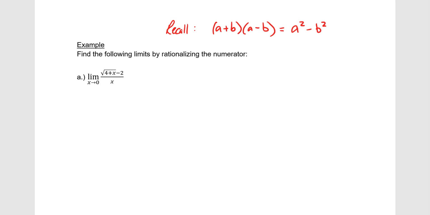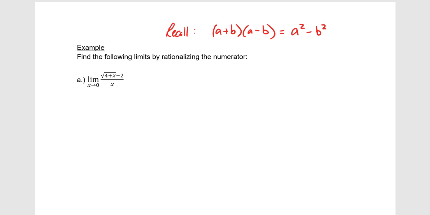So if you didn't remember that, hopefully you do now. If you FOILed it out, then it would end up canceling to a squared minus b squared. So these are conjugates. They're the same two terms, one separated by addition, one separated by subtraction, and they're called conjugates. So a plus b is the conjugate to a minus b.